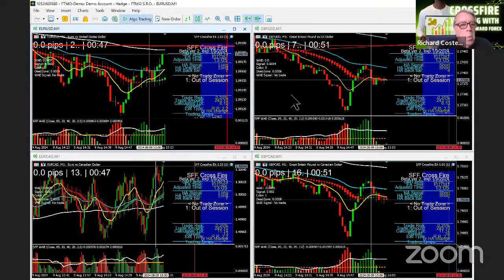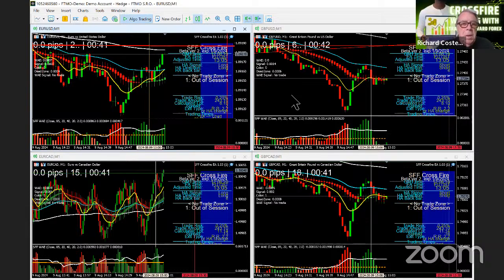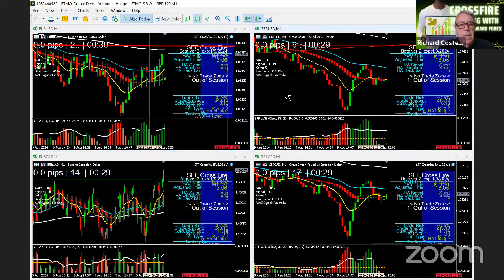Like on Wednesday afternoon, I do a 10-mile walk. I generally miss the trading, but I didn't miss it this week, and I just left the trading assistant running. I did okay. I got a couple of wins.